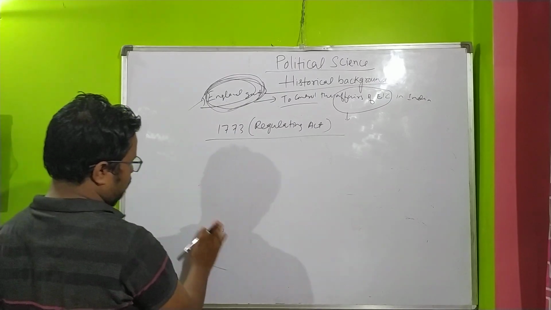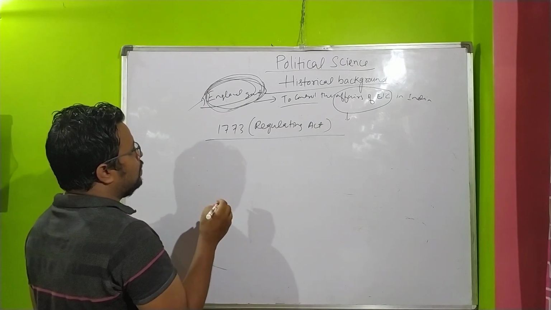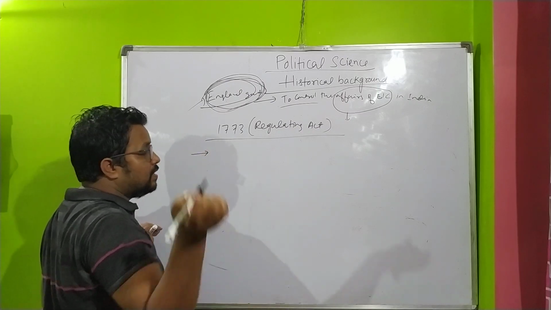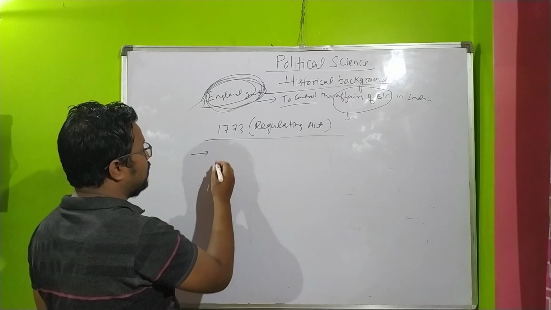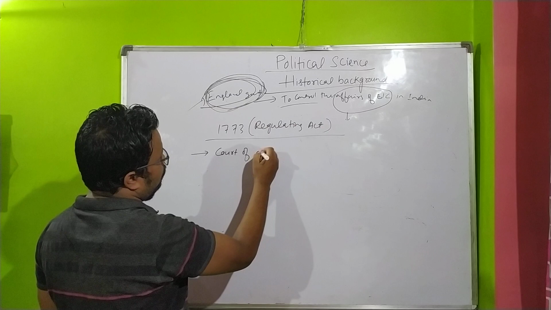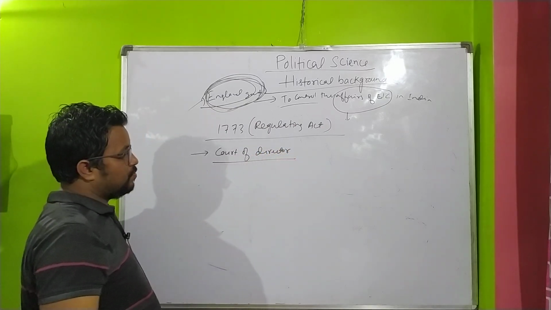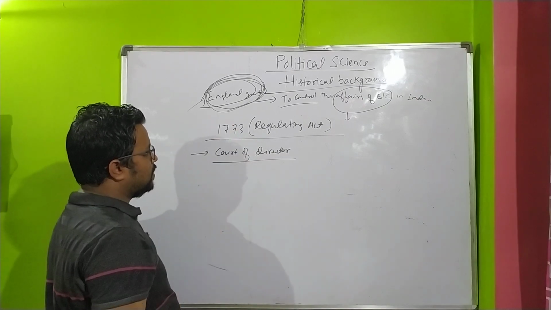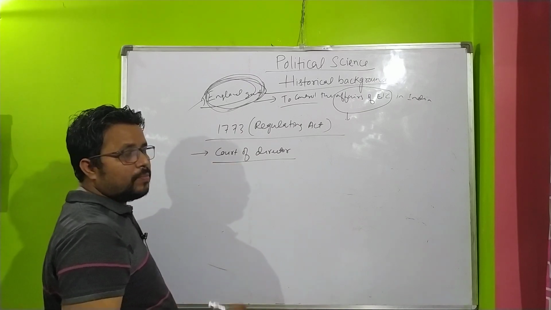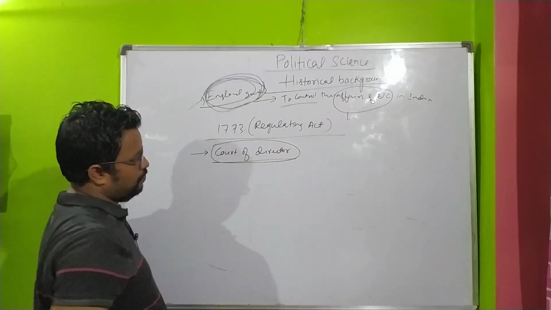What happens? Earlier, you see, the first step was that the British government asked the East India Company to form a Court of Directors. In the 1773 Regulating Act, the first step was that the British government asked the East India Company to form a Court of Directors.